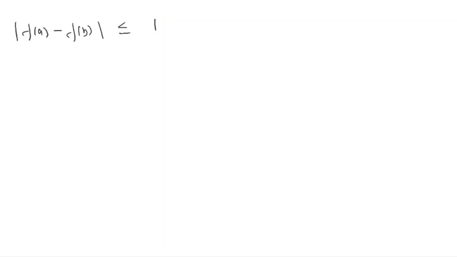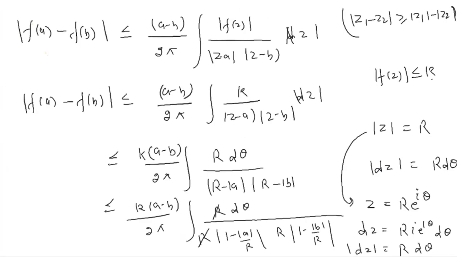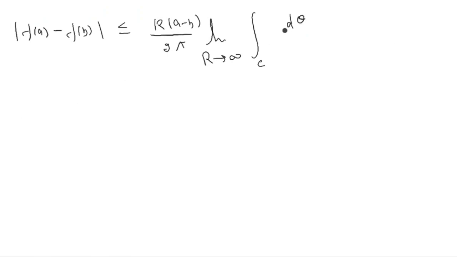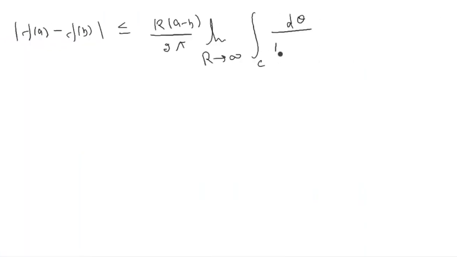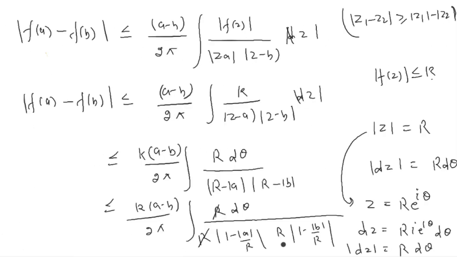k times |a minus b| upon 2 pi, limit r tending to infinity, integration over c, d theta upon, 1 minus |a| upon r, into r minus |b|.